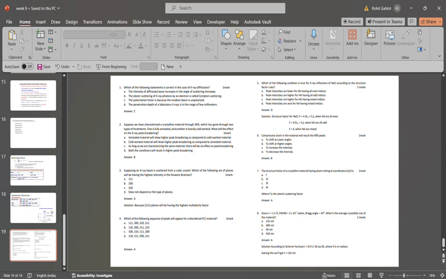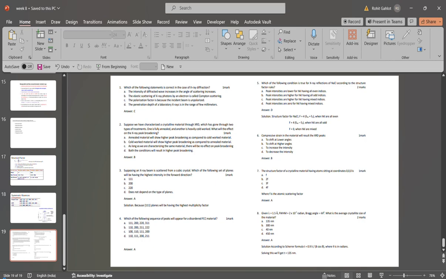The answer will be 111 because the 111 plane has the highest multiplicity factor. Because 111, 1 bar 11, 1 bar 1 1 bar, and so on, so this will be the highest multiplicity factor.